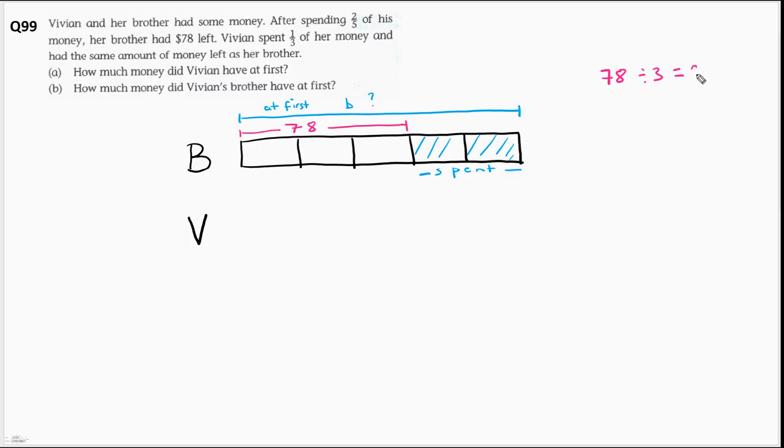So that's going to be 26. So each of these has a value of 26.